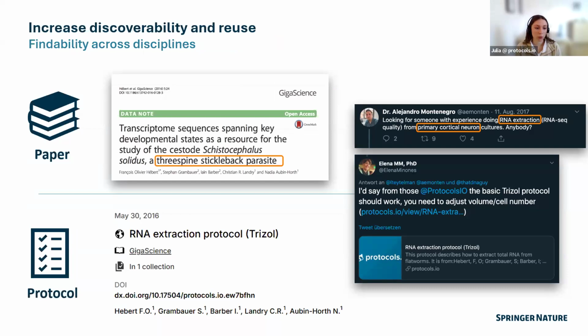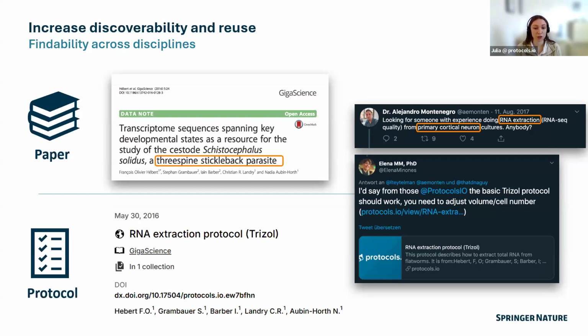So when you publish your protocols on protocols.io, this can also really increase their discoverability. This is a really nice example in practice of what that might look like. In this paper, it's on three-spine stickleback parasite. So that's a fish parasite. But within that paper, they cite a basic RNA extraction protocol. And then on Twitter, there was someone who was looking to do RNA extraction of primary cortical neuron cultures.